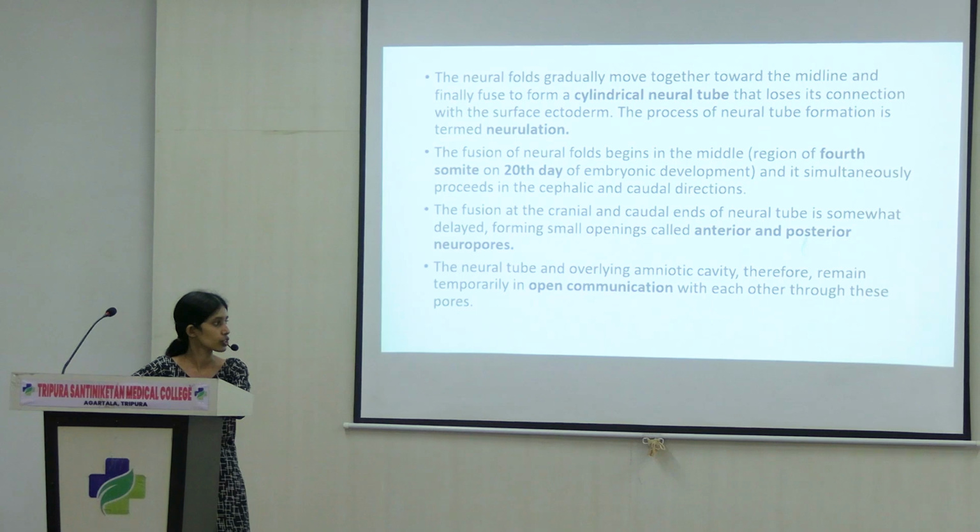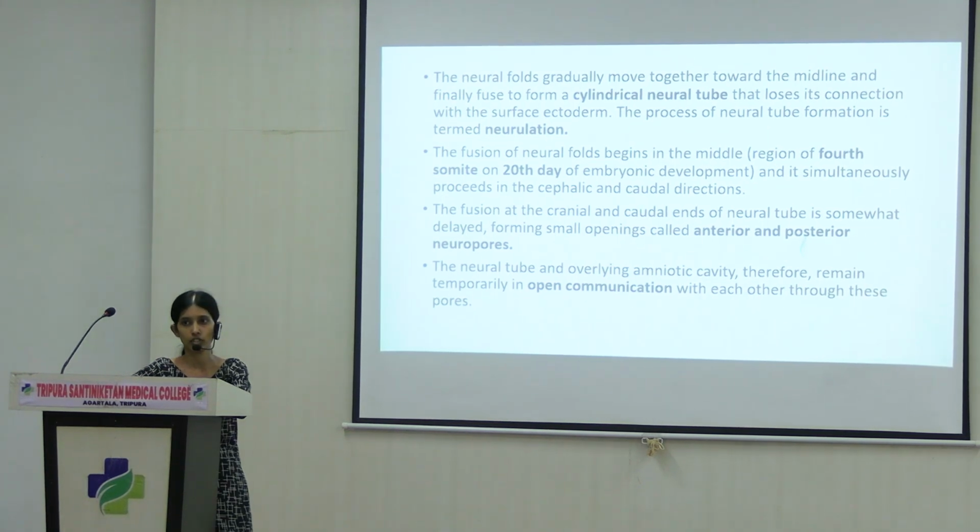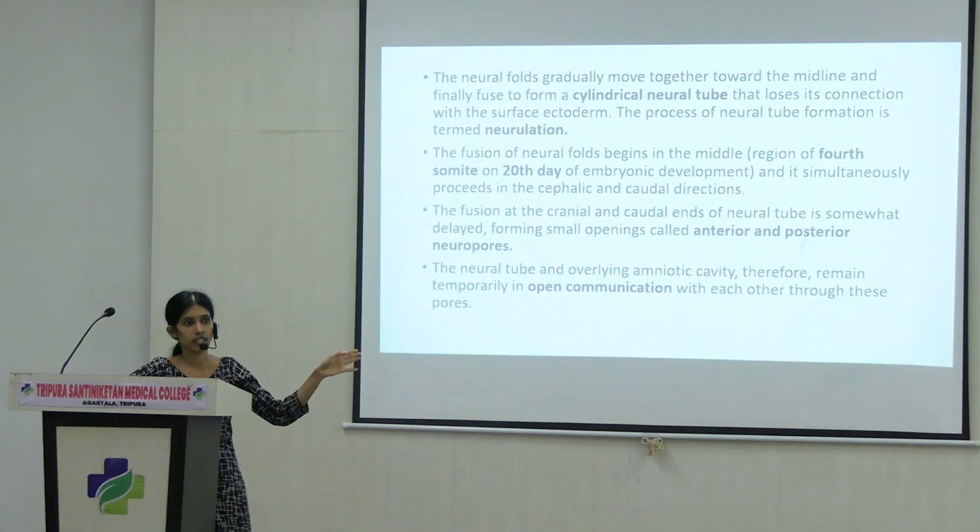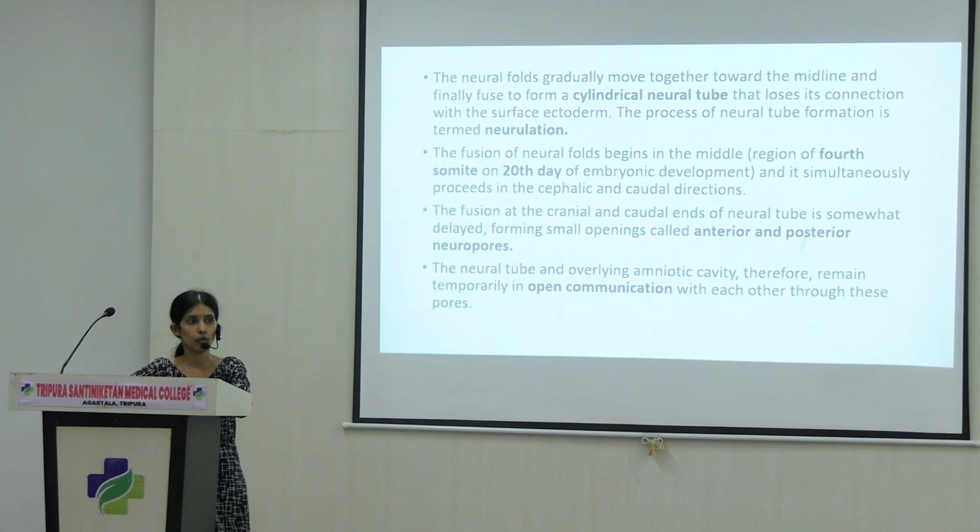Tell me what structures we see in the sagittal section of the embryo. How do we take the sagittal section at least? We are studying at the level of the 4th week.